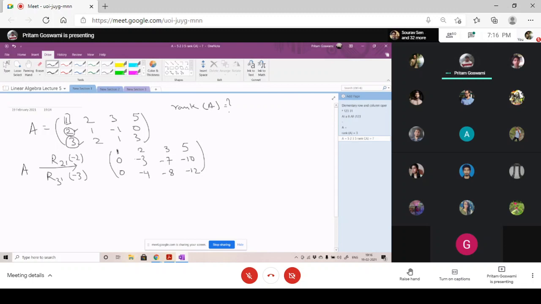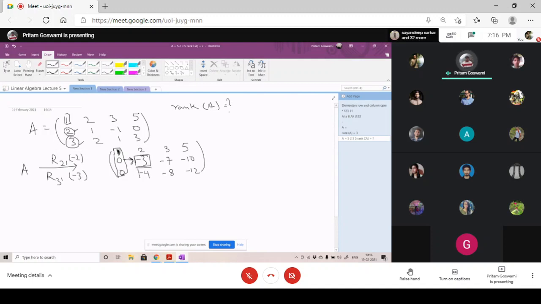Now, whenever I get a column where only one element is non-zero and all the others are 0, I will check the next element of that same row. So basically here I will check 3.